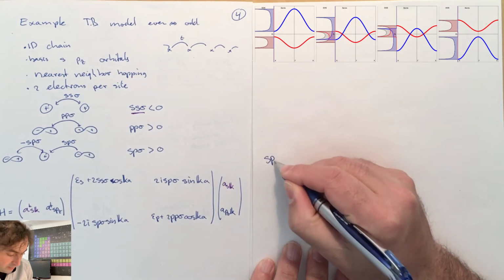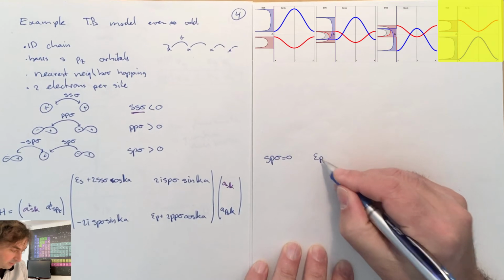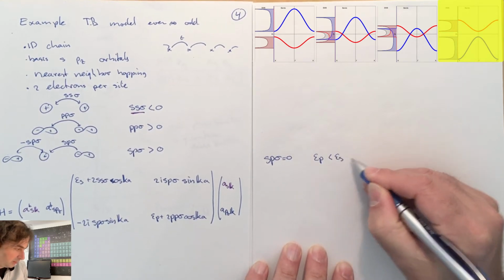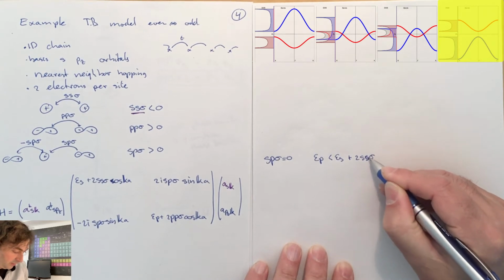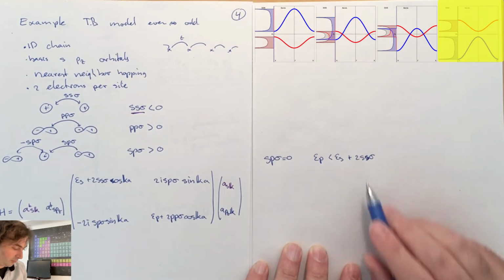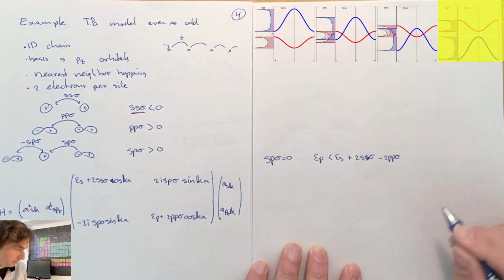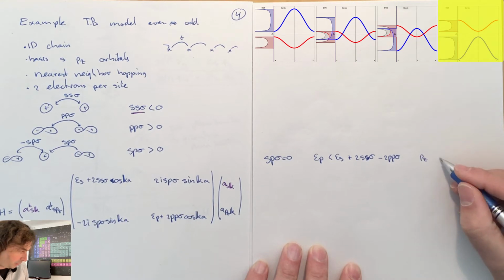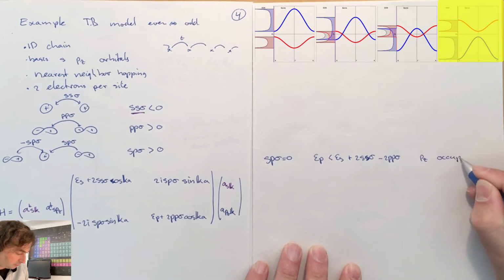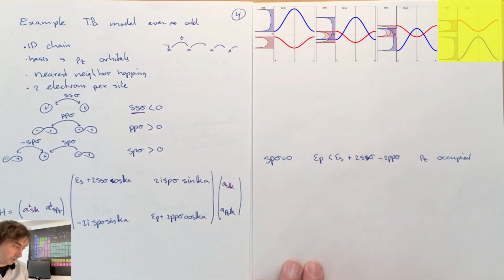So for our case where sp sigma is equal to 0, we can take epsilon p smaller than epsilon s plus the bandwidth of the s orbital plus the bandwidth of the p orbital. And when this is true, then the pz orbital is occupied, because the pz orbital is then below the s orbital.